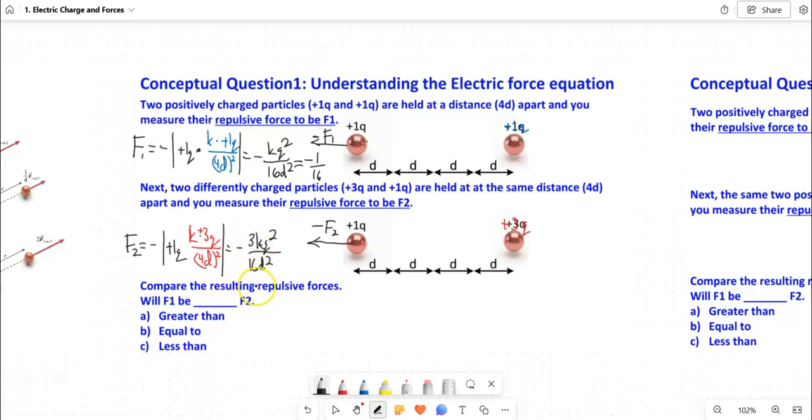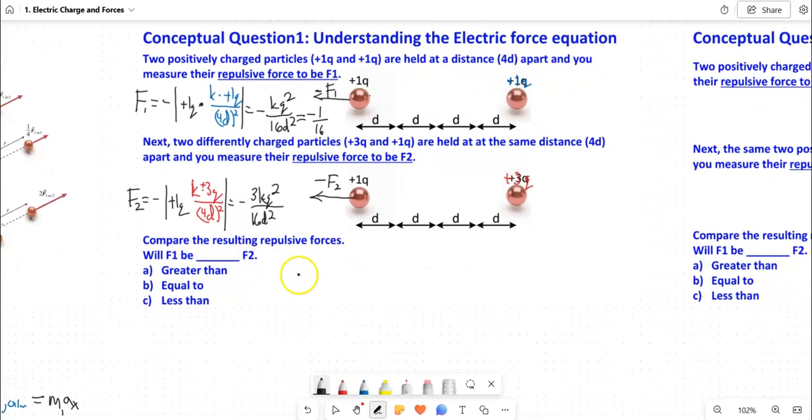Okay. So basically what we have is 1 over 16 kq squared over d squared compared to negative 3 over 16 kq squared over d squared. The negatives don't matter. That's just the direction of the force vector.